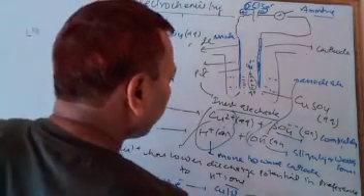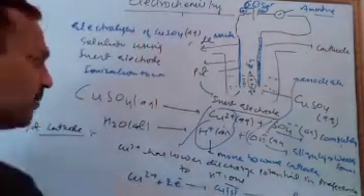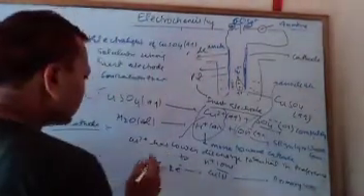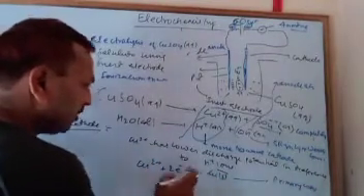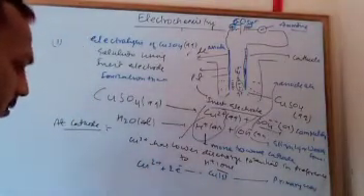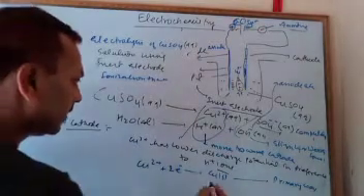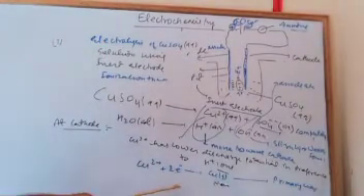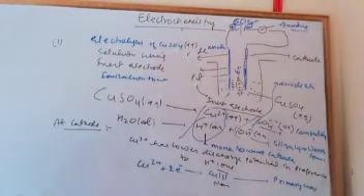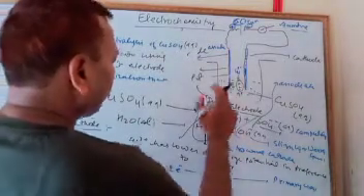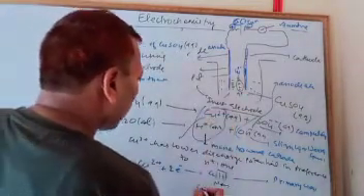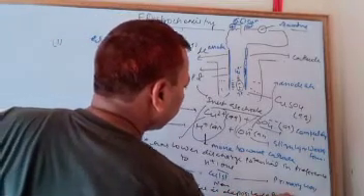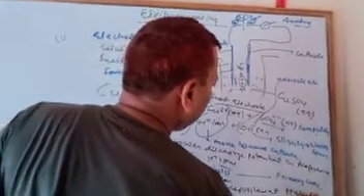This is known as primary change. So in primary change, what happened? The conversion of ions into neutral particles. So this is a neutral particle, right? So this change is known as primary change, and copper is deposited at the platinum electrode.